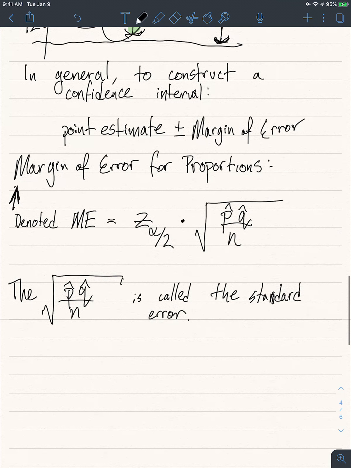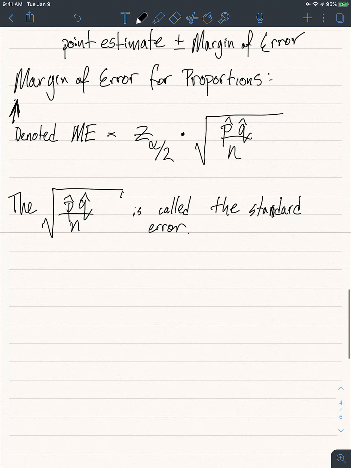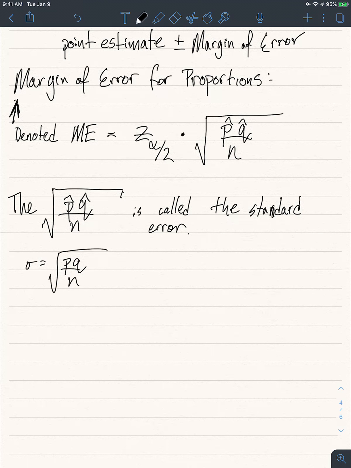In layman's terms, this standard error is kind of like a standard deviation, and it should look familiar because last class, when we were doing sampling distributions for proportions, I had the standard deviation on a normal model being the square root of PQ over N, assuming we knew P, Q, and N. You see how it's basically the same thing? But instead of PQ over N, we have P hat Q hat over N. We got hats this time because we're basing it on a statistic.